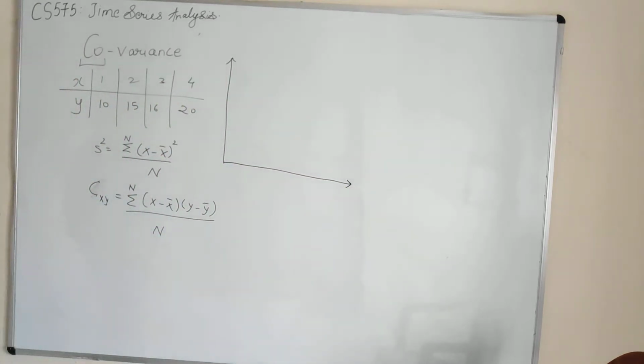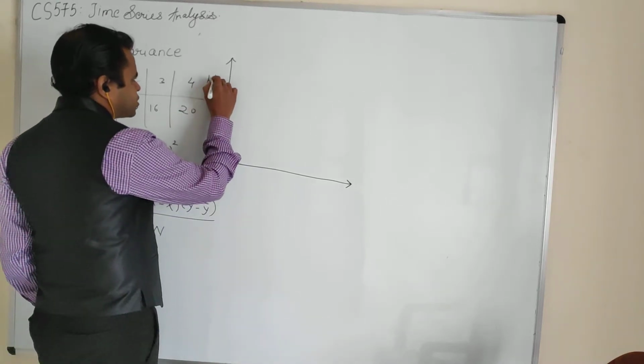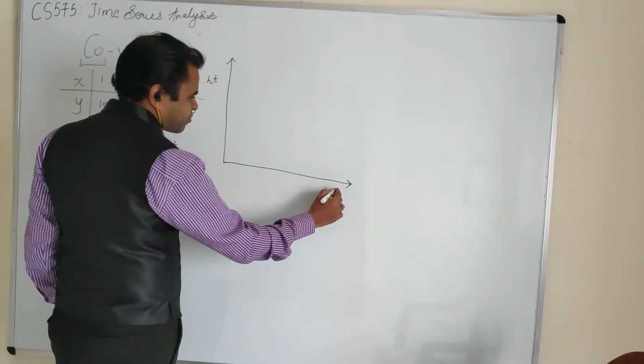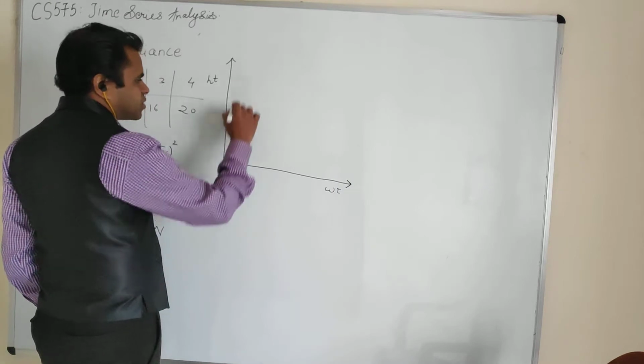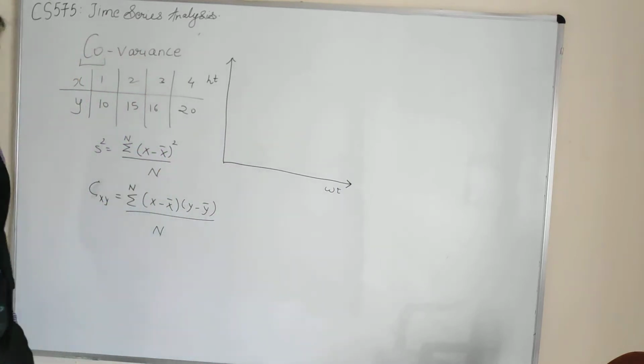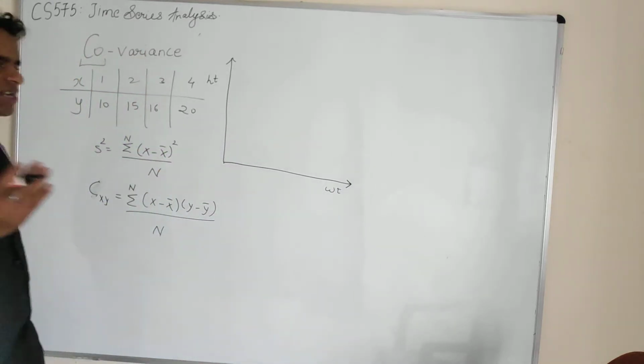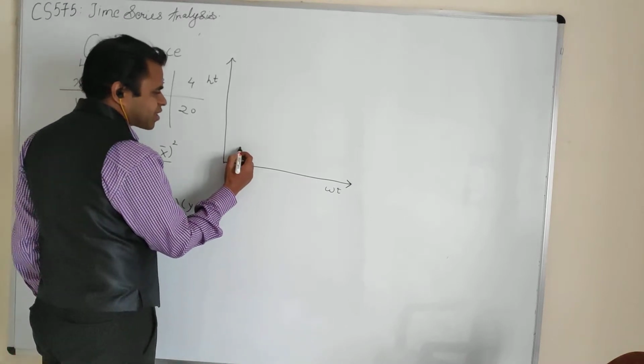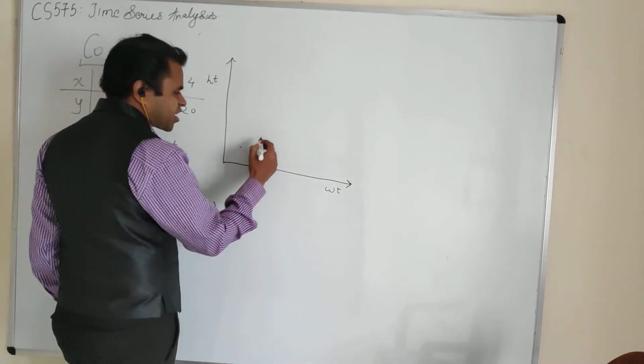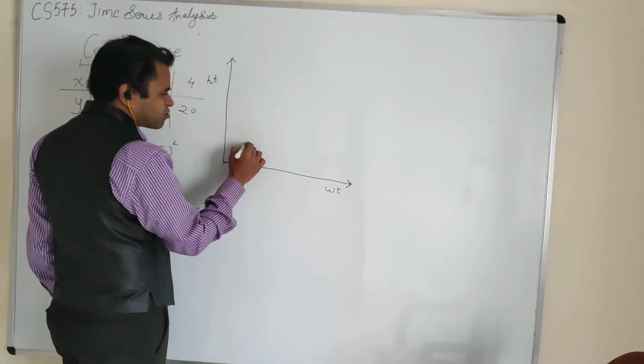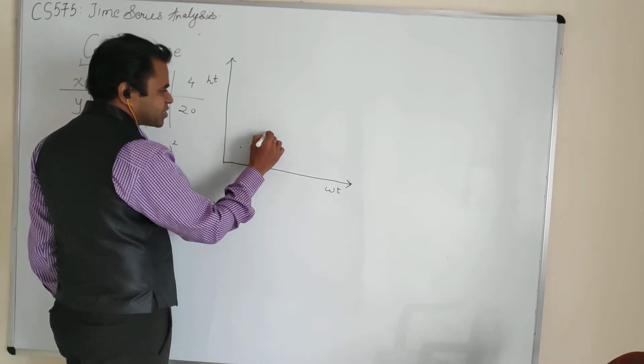right? So let us take this is the height and this is the weight. Right? So what usually happens, like at the birth of a child, the weight is less, the height is also less. As the child grows, the height will increase, the weight will also increase, right?